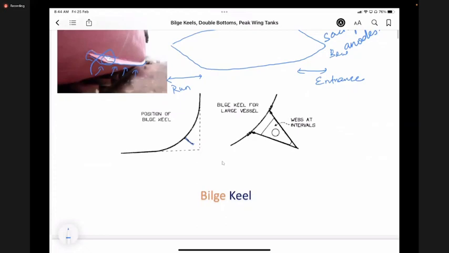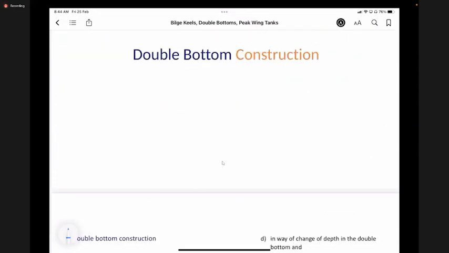Coming to double bottom construction. Actually, I do not know why only double bottom is there, but there are ships with a single bottom also. But I think it should be good enough for you from a syllabus point of view.